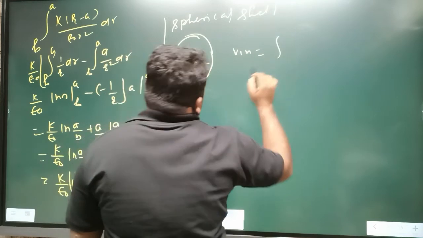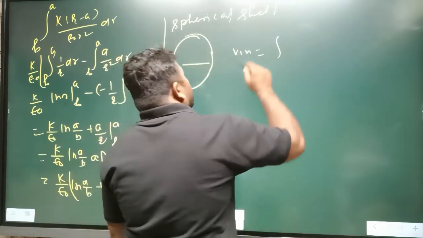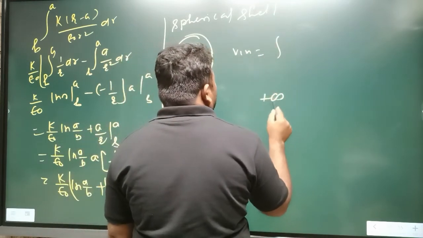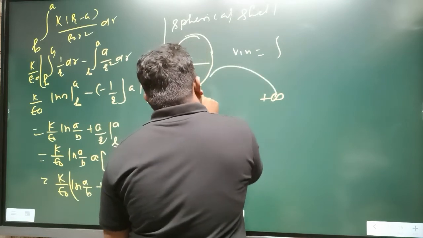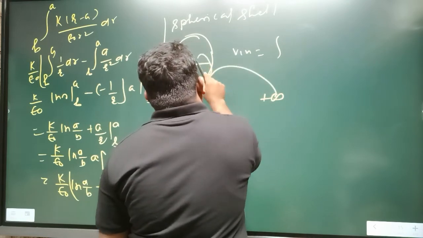V in is equal to the integration from infinity to capital R, and capital R to small r.